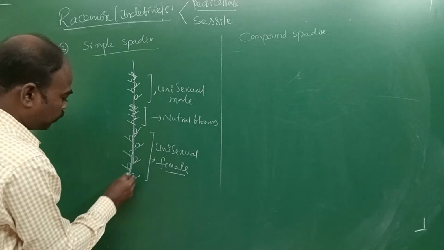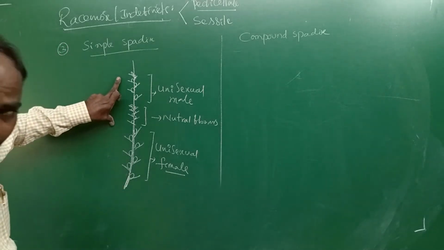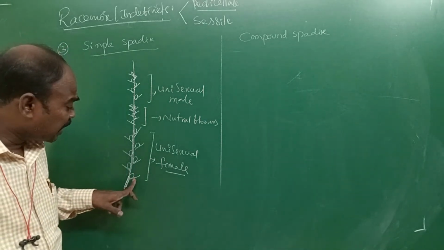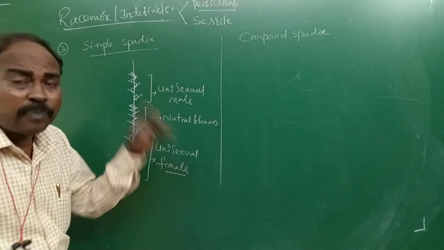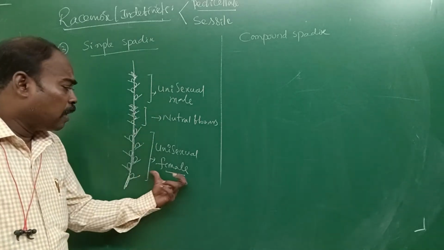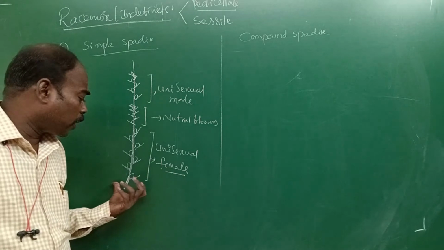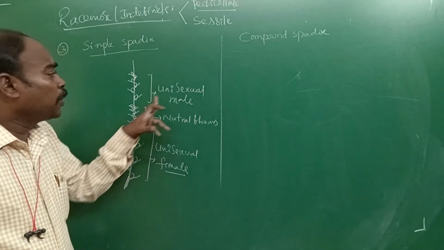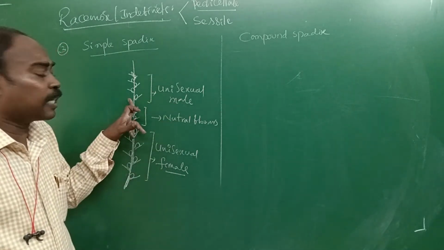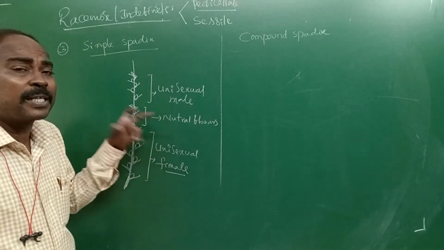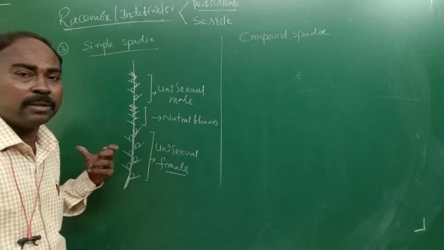Unbranched peduncle has sessile unisexual flowers, meaning unisexual female flowers develop at the base, unisexual male flowers develop at the tips, and neutral flowers are found at the middle.